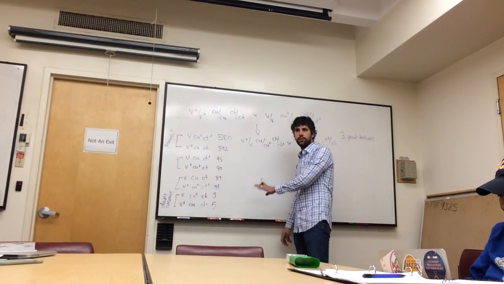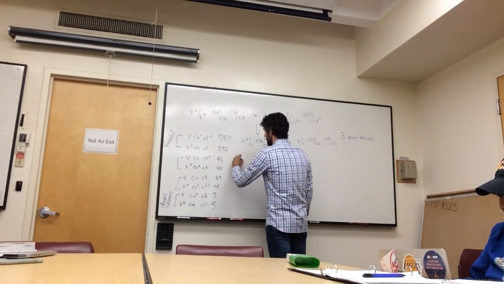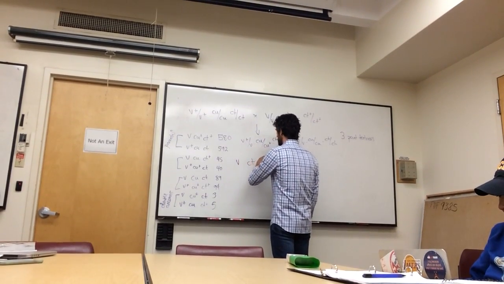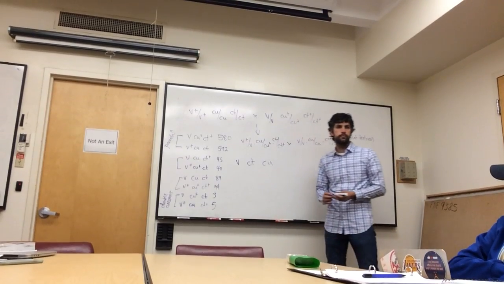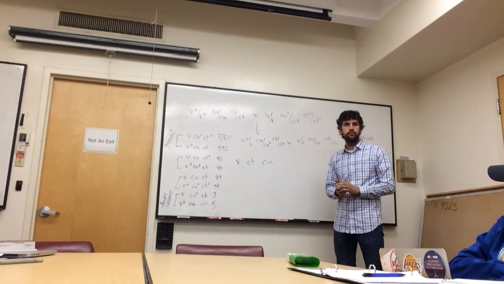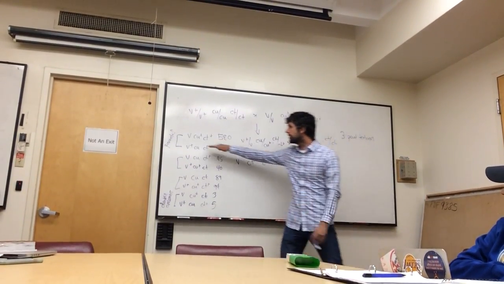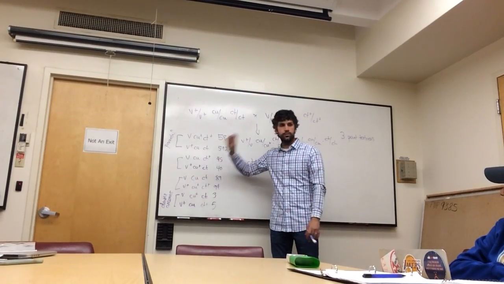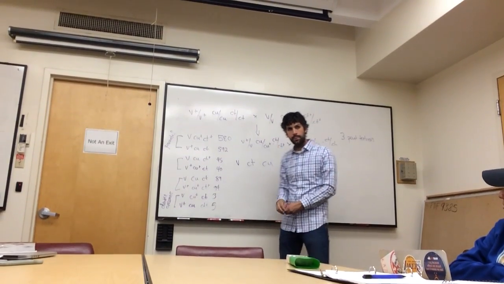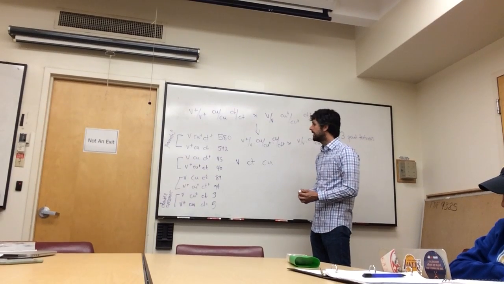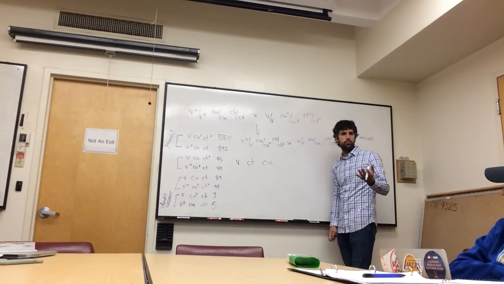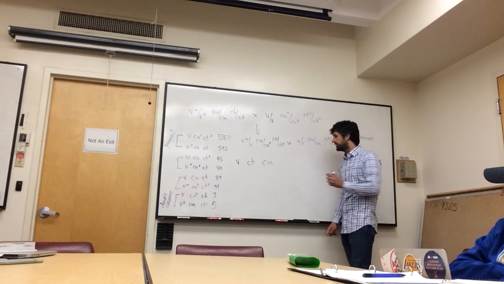So just looking at that, we know that the order is going to be V, CT, CU. Most of it should be the same, but there's going to be one that switches. Hopefully that makes sense why.